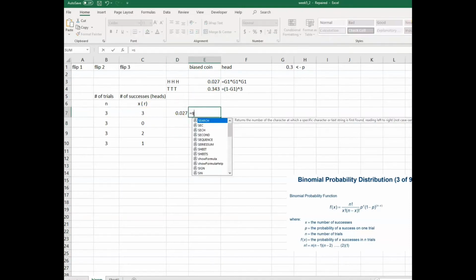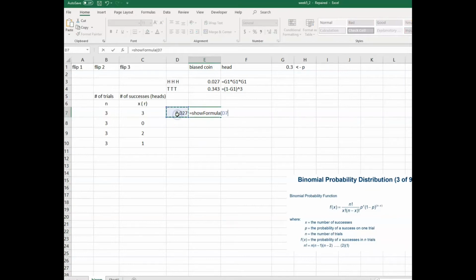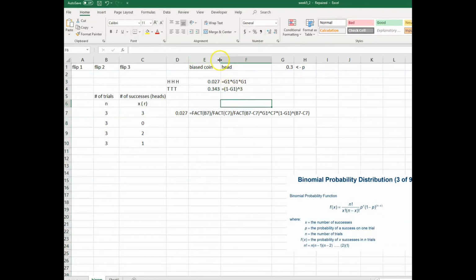I know this is a crazy formula, a very, very crazy formula.